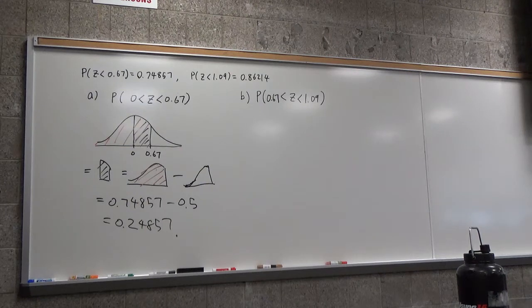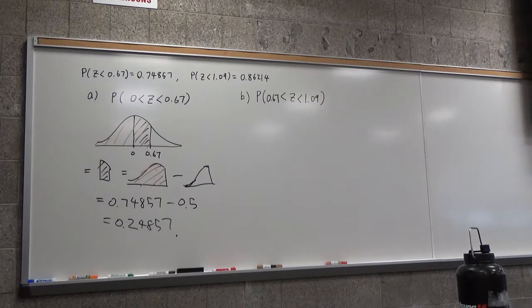The problem is that the table we're given always has the area from negative infinity to a certain value. So if I want something that starts from 0 and ends at 0.67, then it's no good, because that doesn't start from negative infinity.